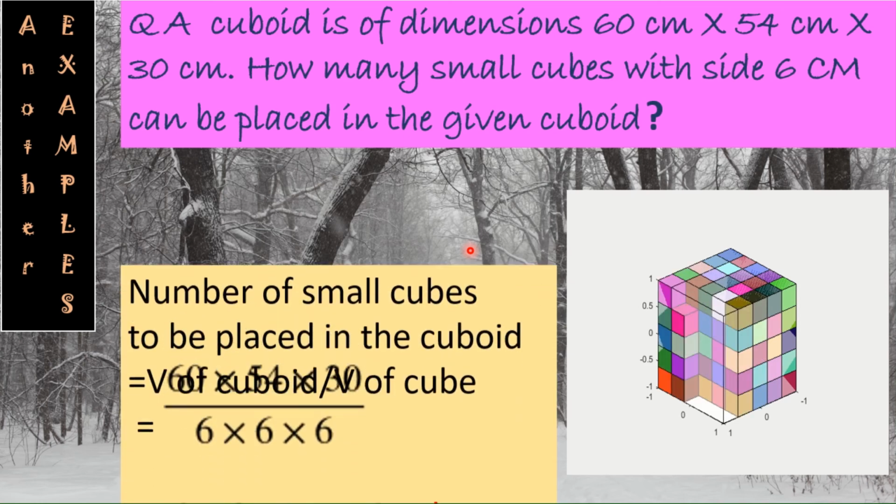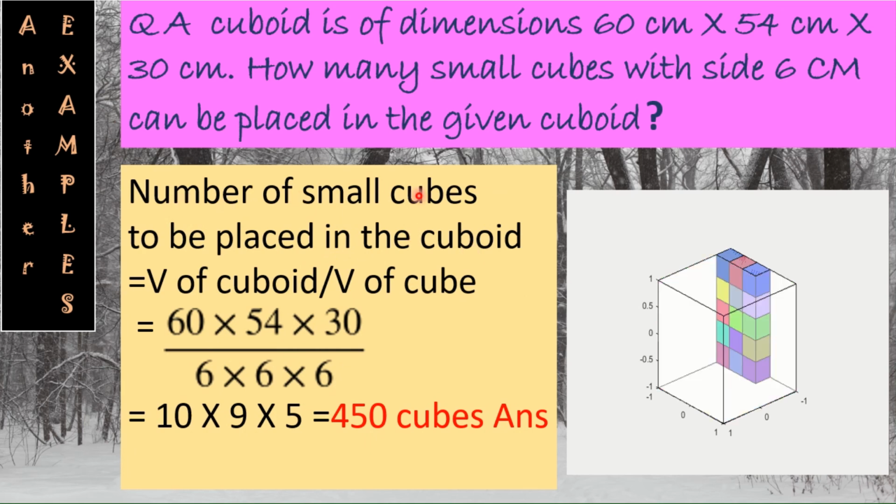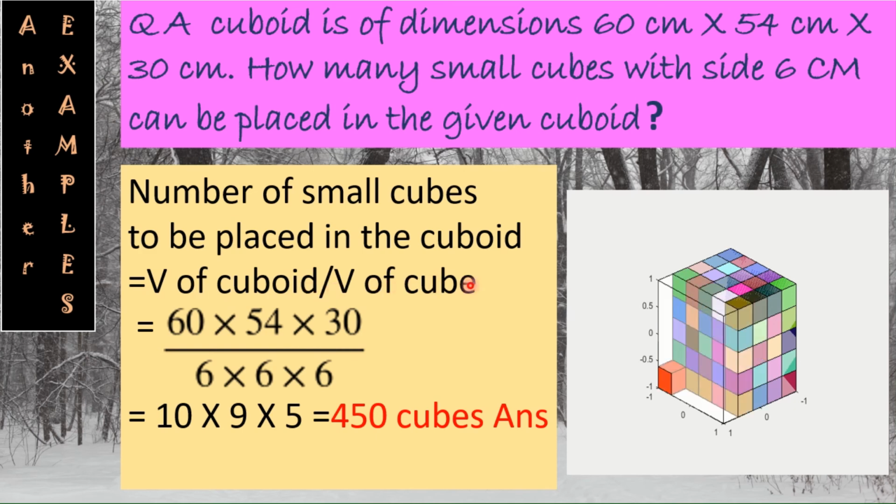Let's see how. So the number of small cubes to be placed in the cuboid is equal to volume of cuboid divided by volume of cube. So volume is 60 into 54 into 30. We have taken it from here. Whatever is given first is the length, then breadth, and then height. This is the sequence.